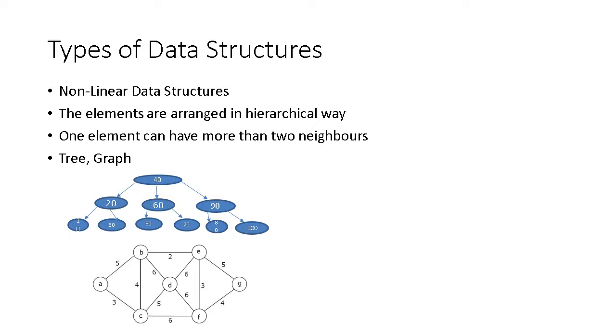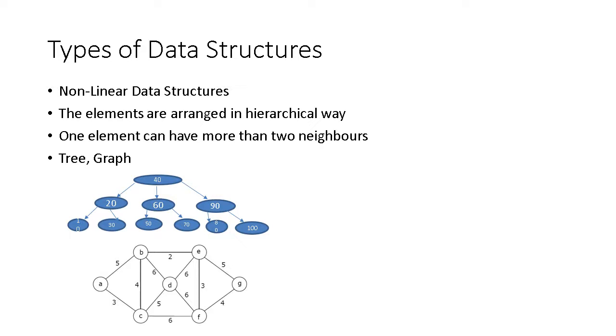For 40 I have three different successors available. For 90 I have two successors and one predecessor. So you can have multiple predecessors and successors for every element in the data structure. This is the tree data structure, which is hierarchically created.